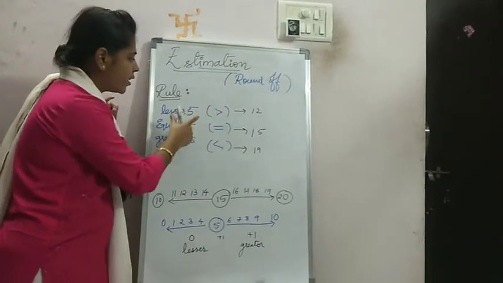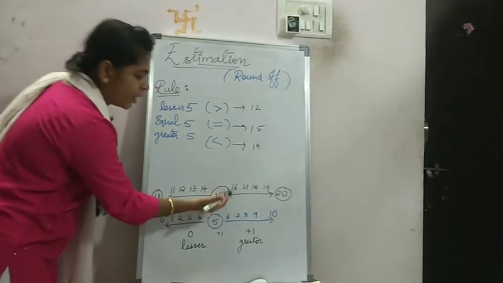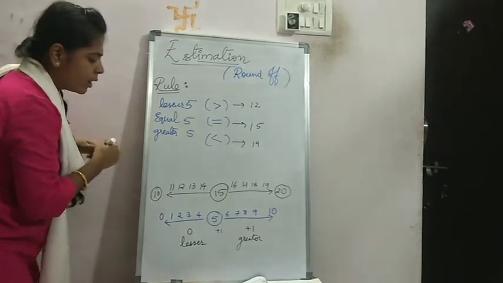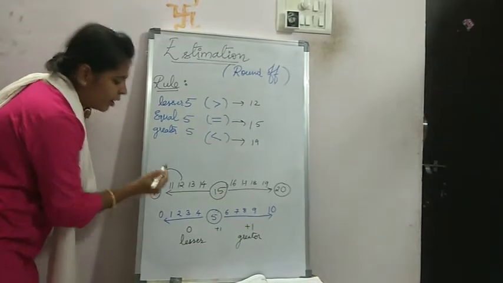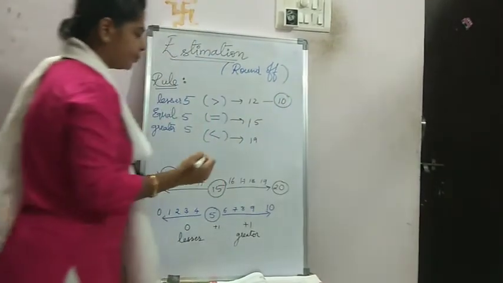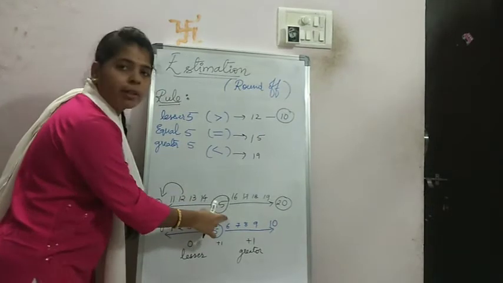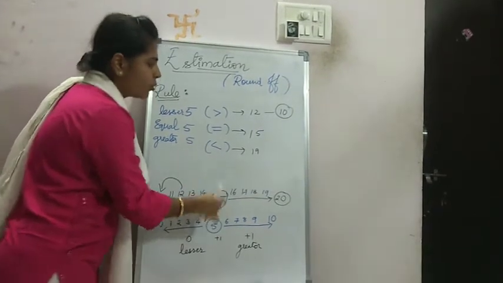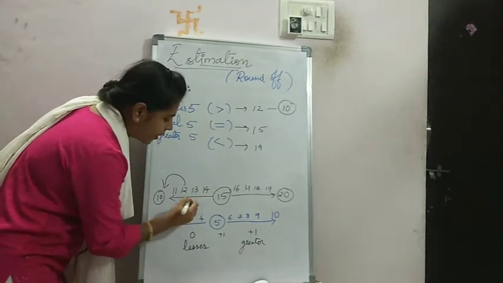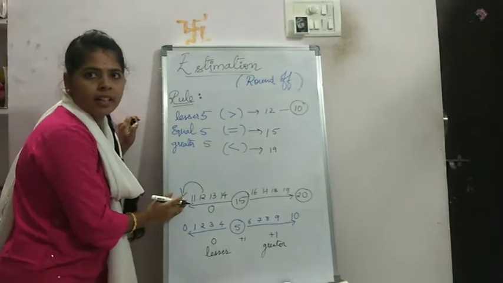Whenever it is less than 5, the middle number is 15, and 12 is less than 15, so this will be rounded down to 10, right? If it is equal to 5, that is 15, exactly half, it will be taken as greater.